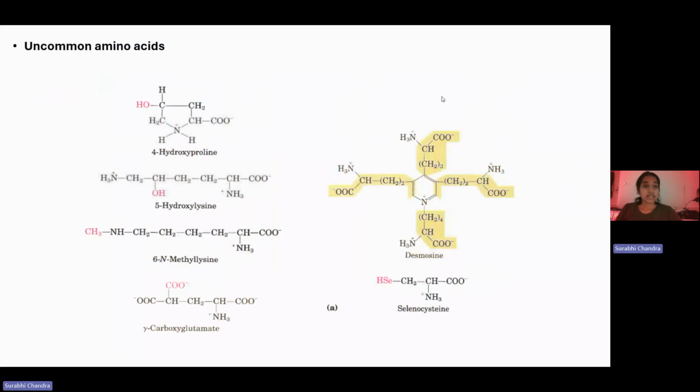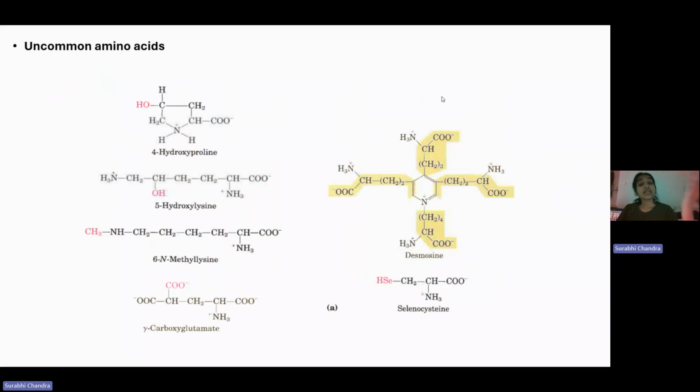Now, whatever we saw earlier are the naturally occurring amino acids which are incorporated during protein synthesis. These are coded by the genetic code, and those amino acids are incorporated into the protein chain by the ribosomes. All right.